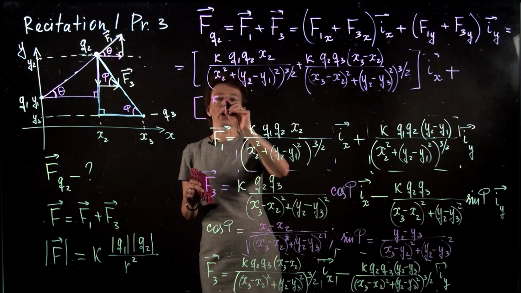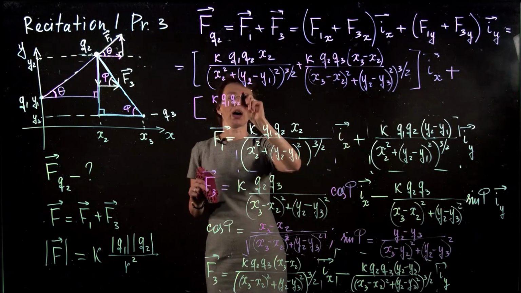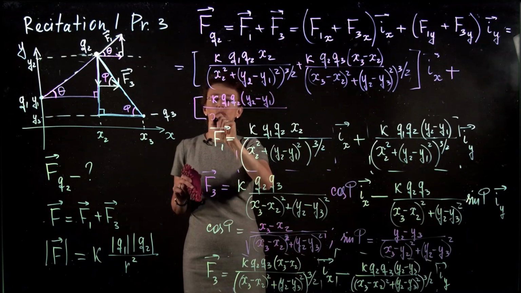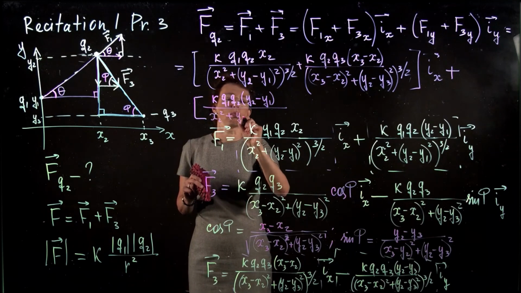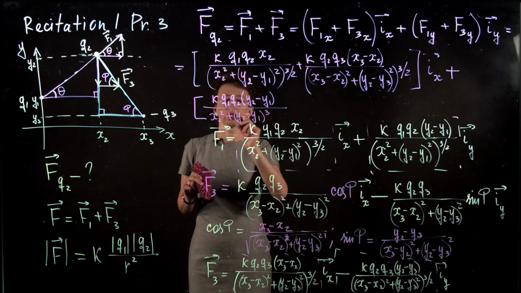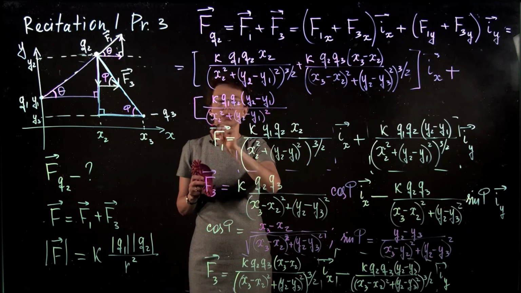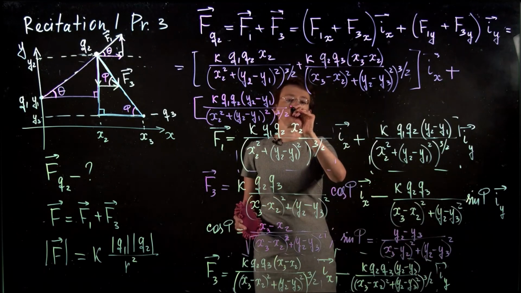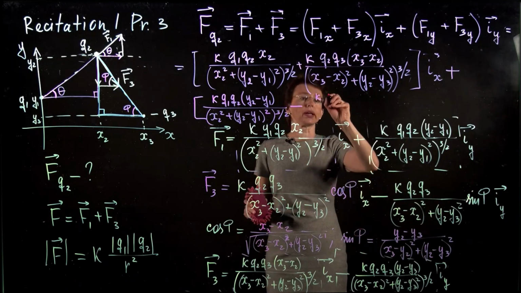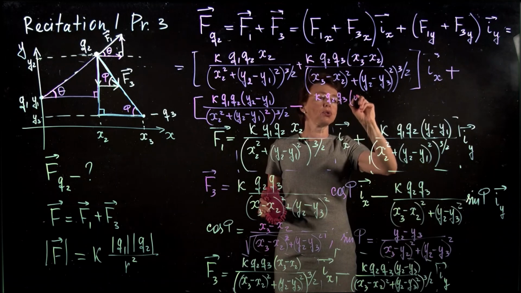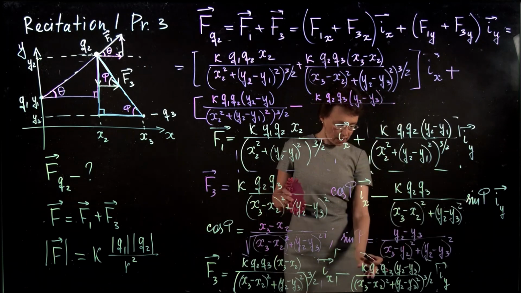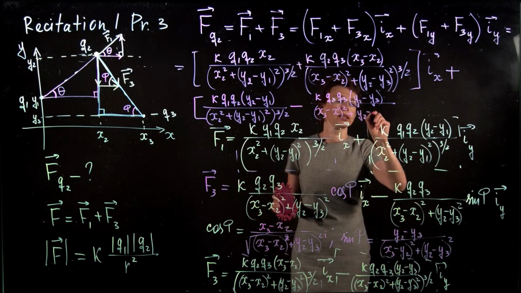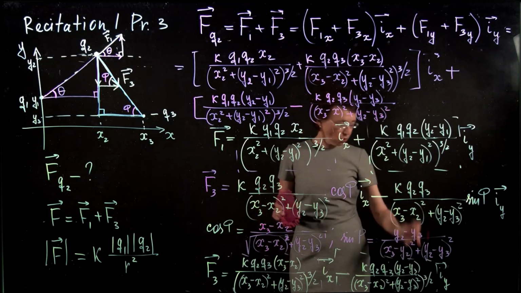It is k q1 q2 times y2 minus y1 divided by x2 squared plus y2 minus y1 squared to the power 3/2, and then the y component of F3 is negative, so I put minus, and then k q2 q3 times y2 minus y3 divided by x3 minus x2 squared plus y2 minus y3 squared, and then all this to the power 3/2.